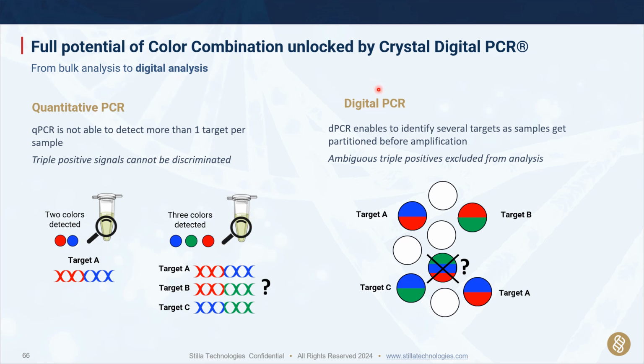With digital PCR, however, because of the power of the partitioning, we can easily distinguish between individual droplets that have dual colored targets present in their amplification. In the event when we do see triplicate colors, for example, more than one gene being amplified in this droplet, we can essentially exclude these triple positive droplets from the analysis going forward.